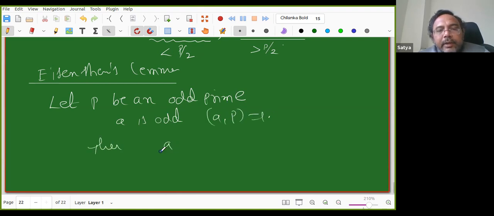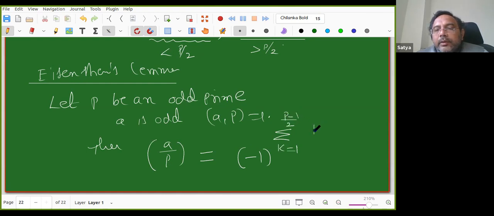Then the Legendre symbol (a/p), meaning whether it is a quadratic residue or non-residue, can be computed this way: (-1) to the power summation k = 1 to (p-1)/2 of the greatest integer of ka/p. Okay, so he computed this, right?